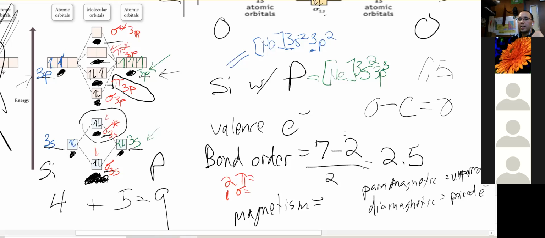So the more bonding electrons you have, the higher the bond order is, because more electrons are getting an energy benefit. The more anti-bonding electrons you have, the lower your bond order becomes, and you're not getting as big of a benefit. So if you are at 0, there's really no benefit to being together versus being apart. That's why we say no bond occurs if your bond order is 0, because there are just as many anti-bonding electrons as bonding electrons.